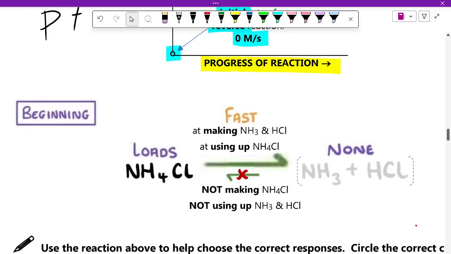So at the beginning, we have loads of NH4Cl, ammonium chloride, and we have none of the product. So what is the rate of the reverse reaction again? 0, and the forward rate is fast.